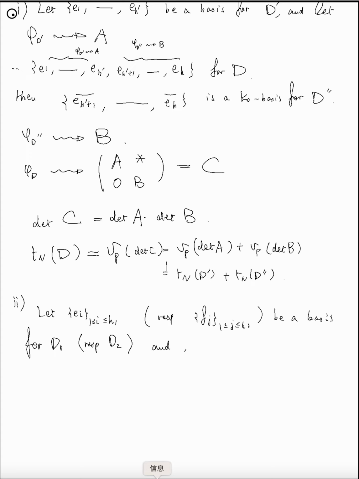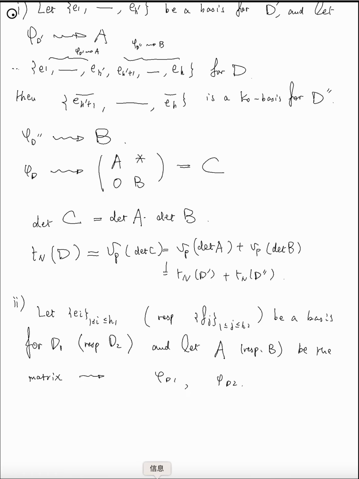And then let A, respectively B, be the matrix for phi D1, phi D2 under this basis.